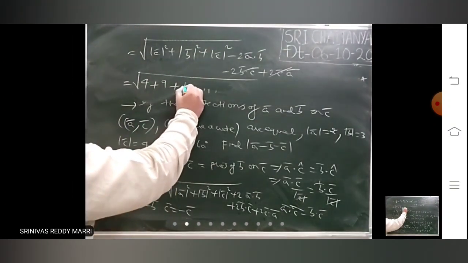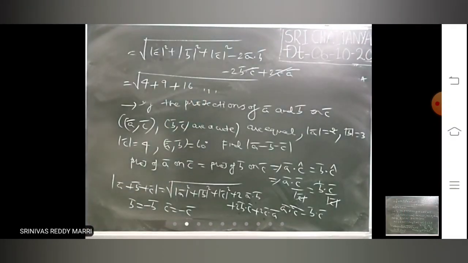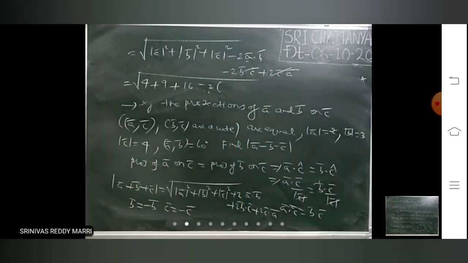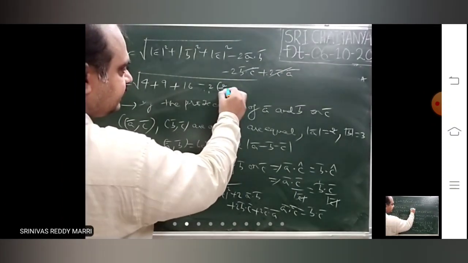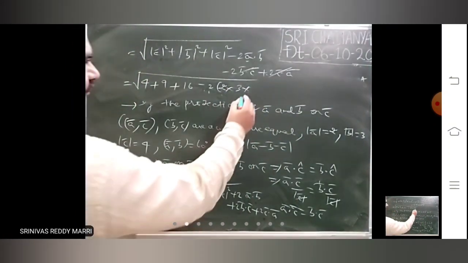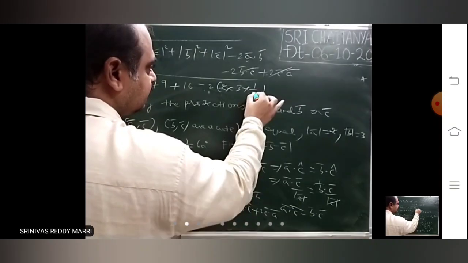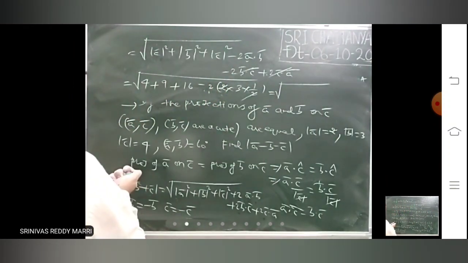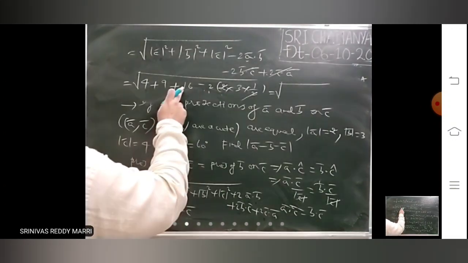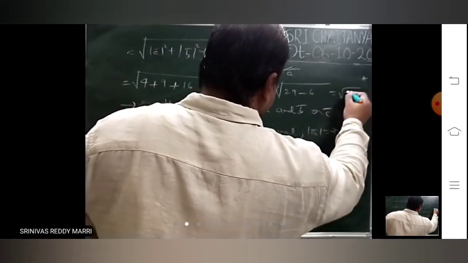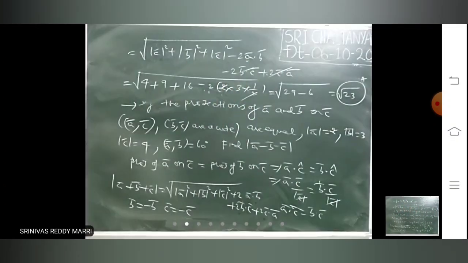Modulus C bar is 4, so 16. So this and this we got cancelled. 2 into modulus A bar 2, modulus B bar 3, into the angle between them cos theta, that means 1 by 2. Therefore, this is nothing but root of 29 minus 6. That is root of 23. Root of 23, that is the answer.